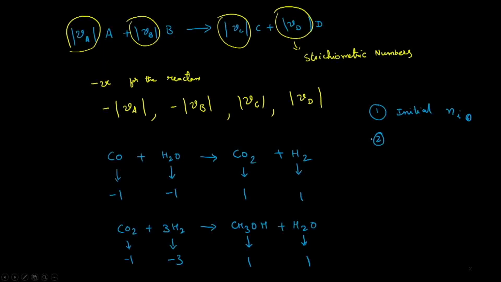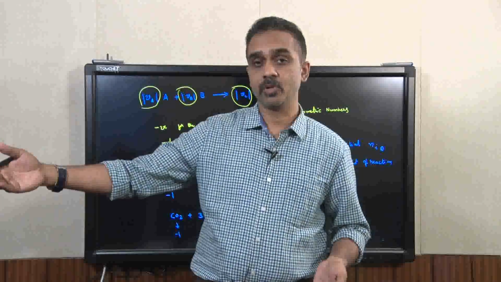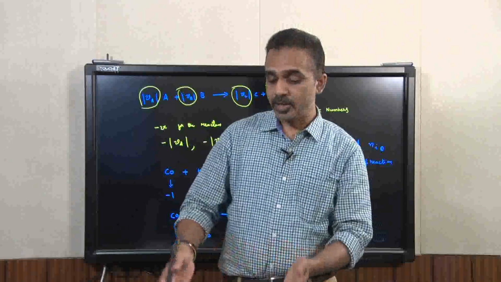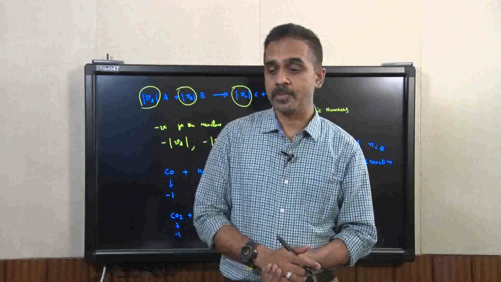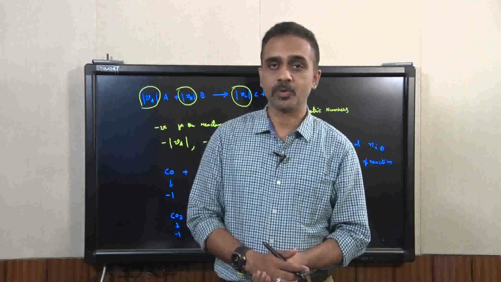So it will depend on the initial number of moles for each of the chemical species, and also on the extent of the reaction, how far the reaction has proceeded. The number of moles of A that react will be related to the number of moles of B that will react according to the stoichiometric numbers. That would also be related to the number of moles of C and D produced according to these stoichiometric numbers, because the reaction has to proceed.